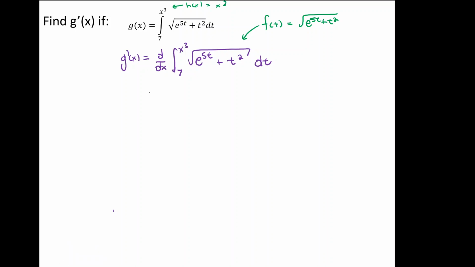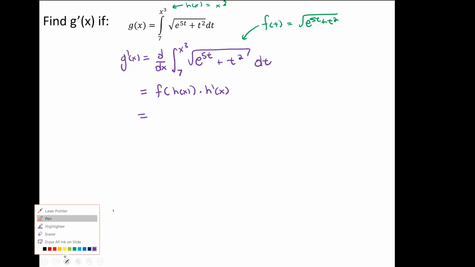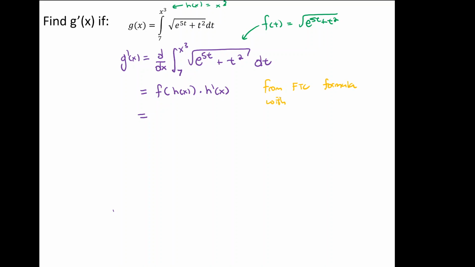And what we'll get from the fundamental theorem is f of h of x times h prime of x, from the FTC formula with chain rule. So without the chain rule, it's just f of x, but with the chain rule, it's f of h of x times h prime.